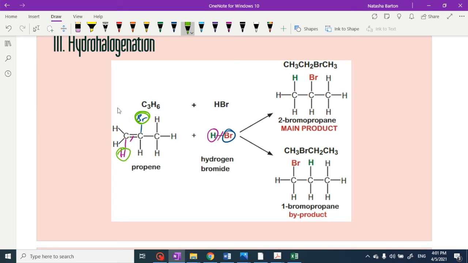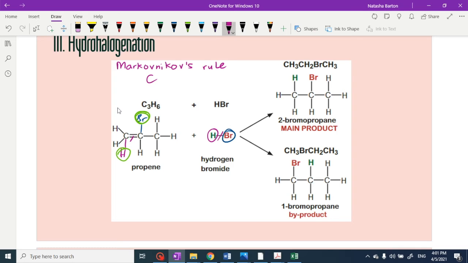We are going to be making use of a rule. Specifically, we are going to be using Markovnikov's rule.